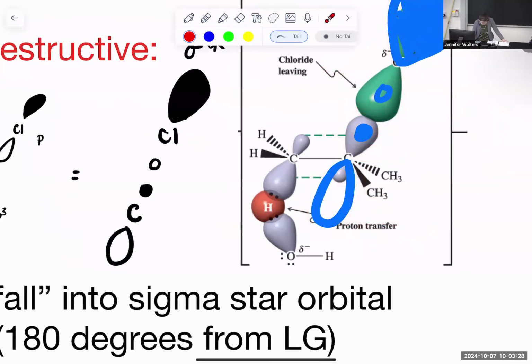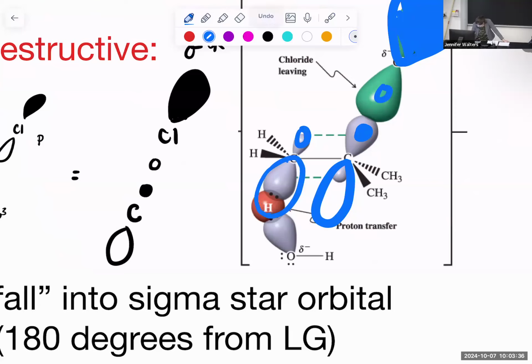So this is my sigma orbital, so that this would be my sigma. And my base, those electrons from that base are coming in, attacking that hydrogen.